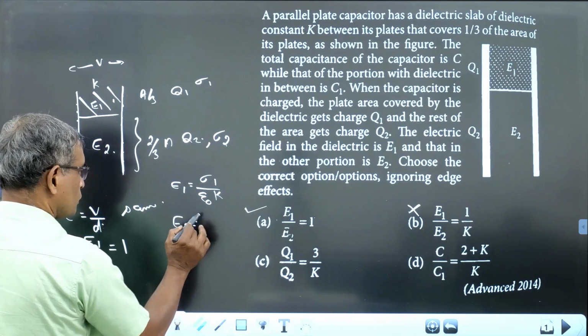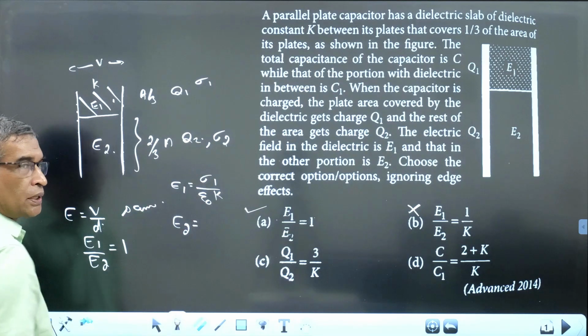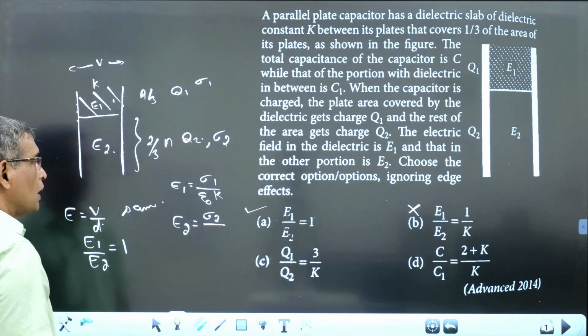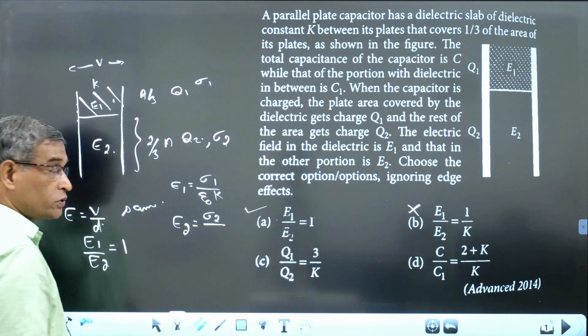E2 is equal to the charge density sigma 2 by epsilon 0, since there is no dielectric, it is an air core capacitor.